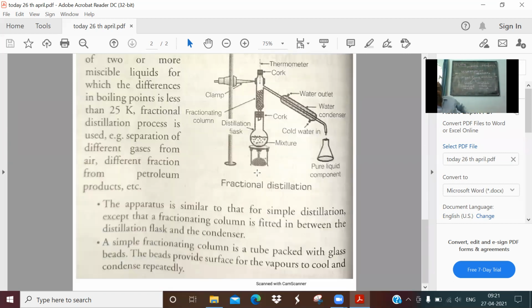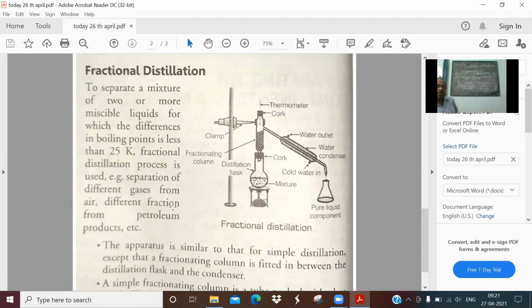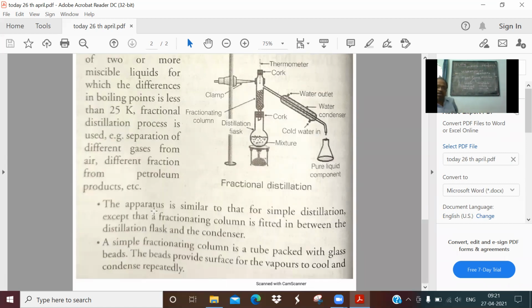So continuing reading, the apparatus is similar to that of simple distillation, except a fractionating column is fitted. Just have the idea only. We don't need much explanation, but it is an introduction to the separation of soluble liquids. We use fractional distillation.